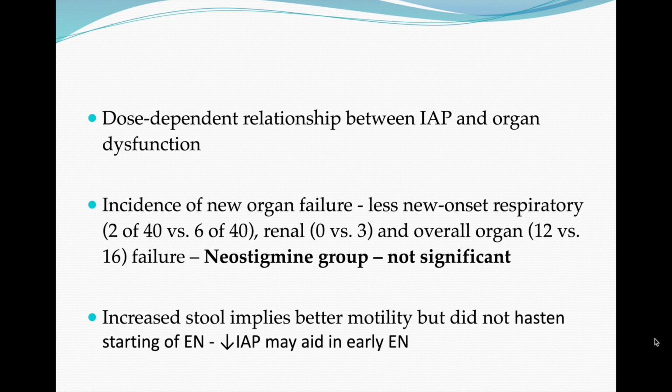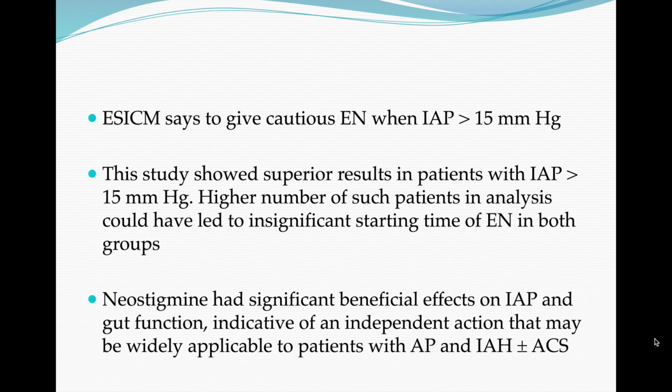So better motility and more stool passage means there is a reduction in IAP, thus it may aid in early enteral nutrition. This study showed superior results in patients with IAP more than 15. As ESICM says, enteral nutrition is to be given when IAP is less than 15, so that is why Neostigmine should be helpful. That is what the authors think.